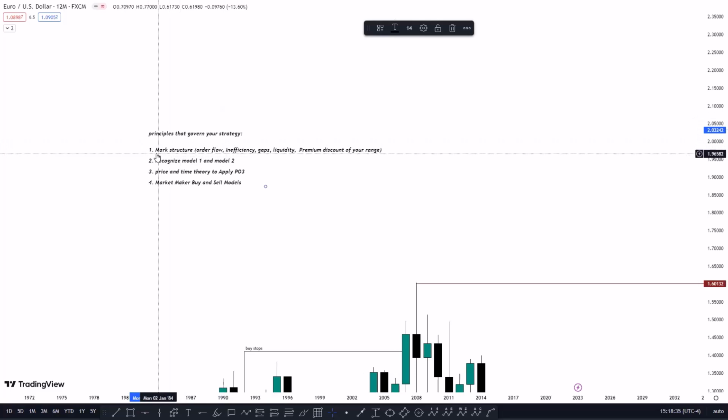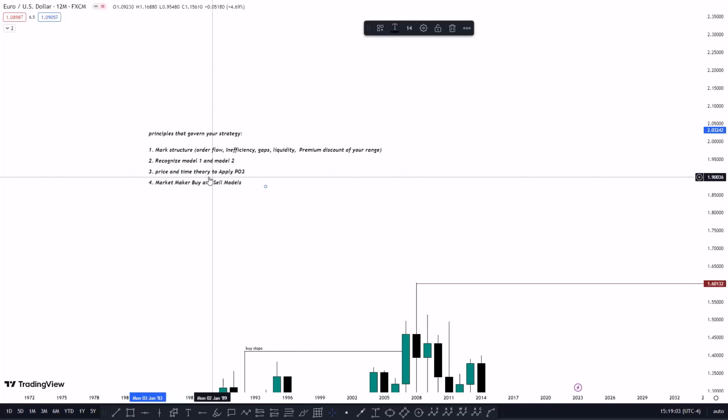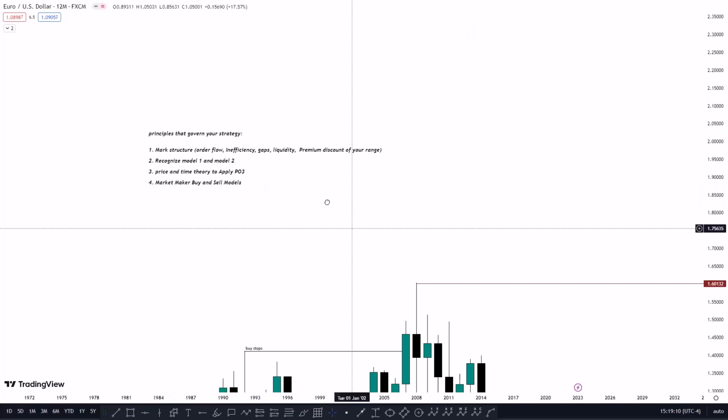First of all, try to know the range. After order flow, mark inefficiency, mark gaps, mark liquidity, mark premium discount of your range. These are the principles you have to follow. Then recognize Mode 1 and Mode 2 setups. Remember the concept of price anytime theory to apply power of three, which we discussed today. And then remember market maker buy and sell models.